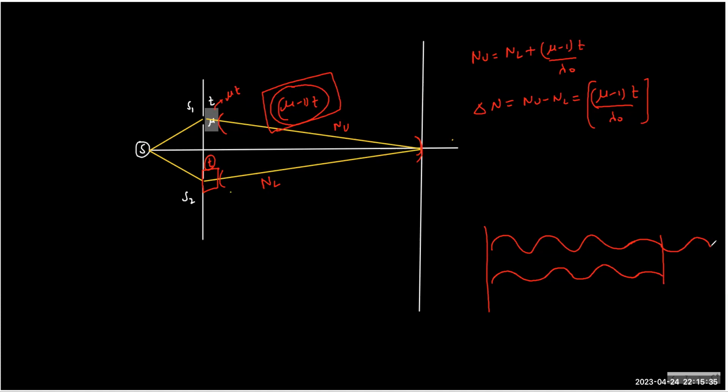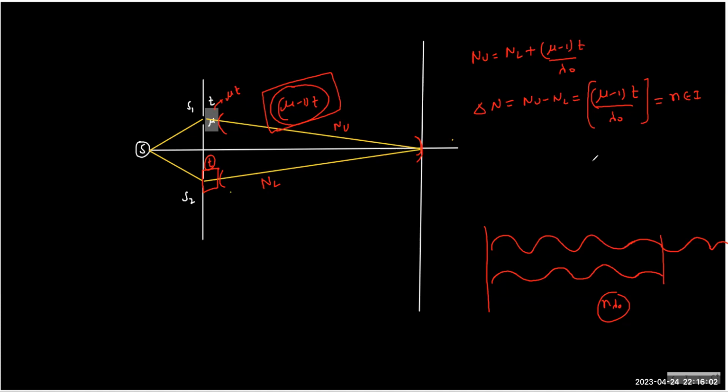If I increase one more, same thing. So if the difference is n lambda naught, they will coincide in the same phase, which means it will give you maxima. So whenever the number is integer, you will always get the maxima, right?